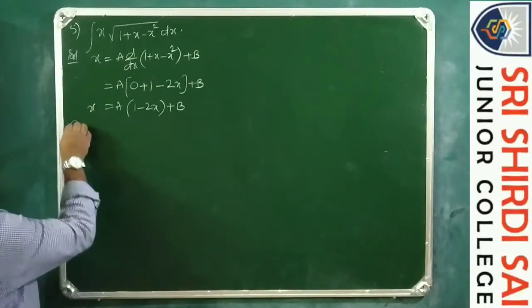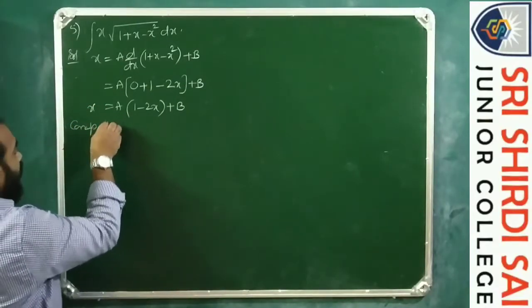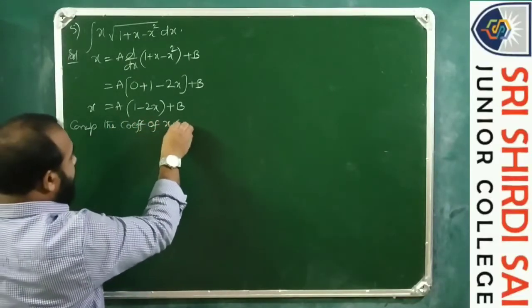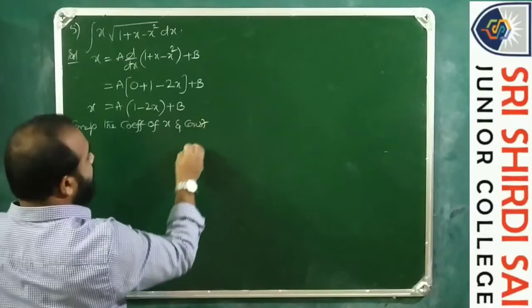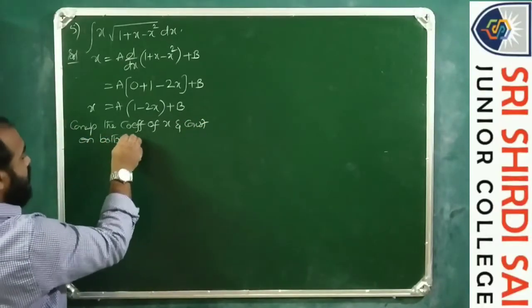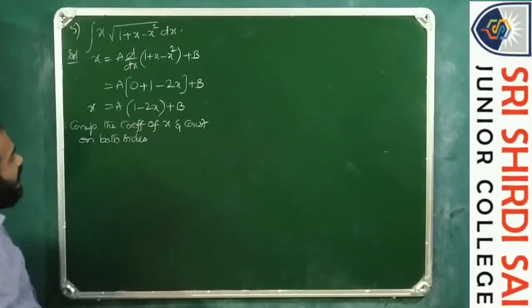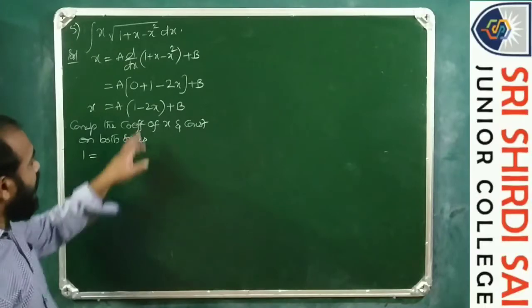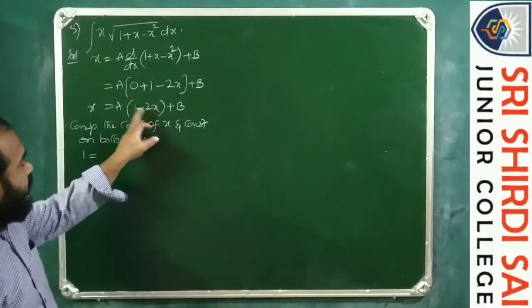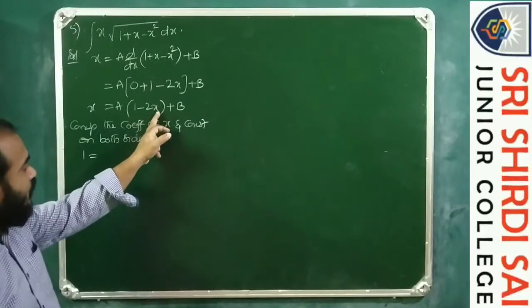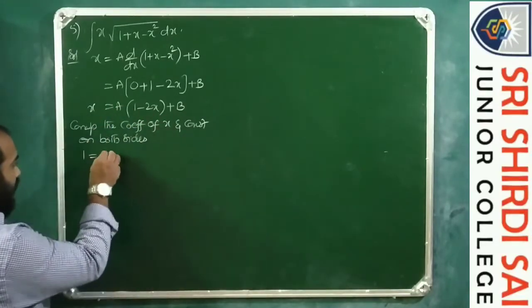Now comparing the coefficients of x and constants on both sides, we get the x coefficient on the LHS is 1. Here this is minus 2ax, so the x coefficient is minus 2a.